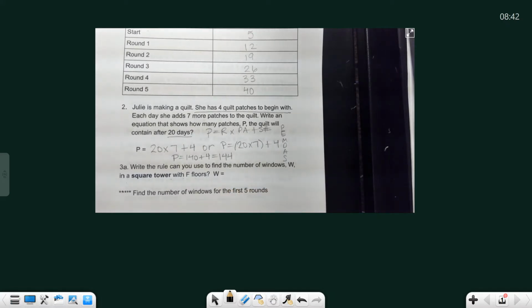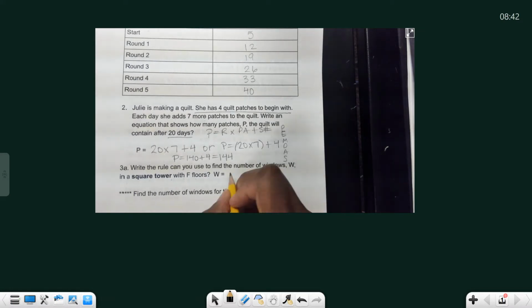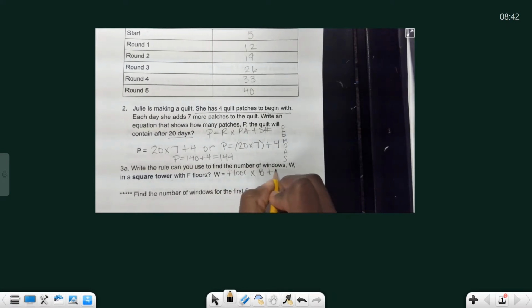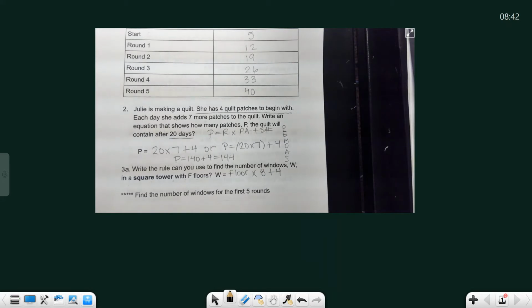Remember we had to make an adjustment. Noah. W equals 4 times 8 plus 4. Thank you. W equals floor times 8 plus 4.